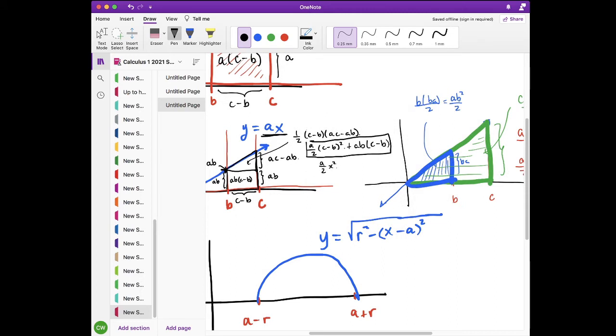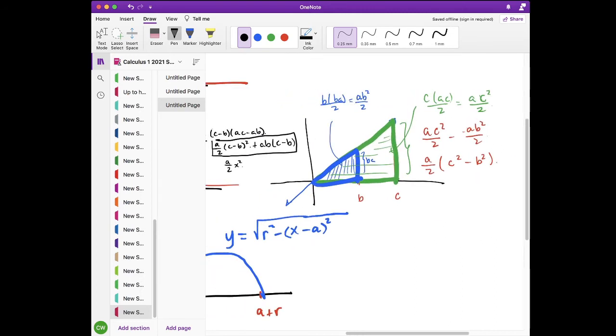Okay, so then we get this, and then you can just do some algebra to show that they're the same. So anyway, it's another way of calculating the area by subtracting the smaller one from the bigger one. So then the answer is this stuff here, this trapezoid.